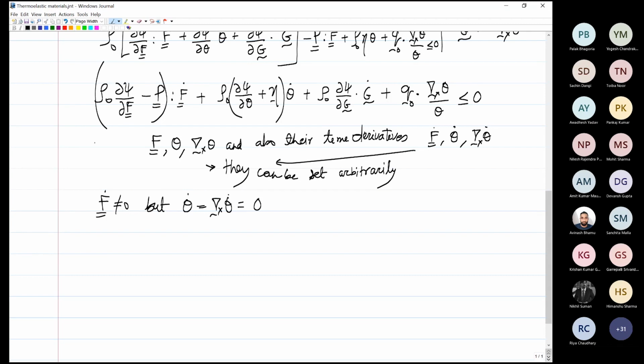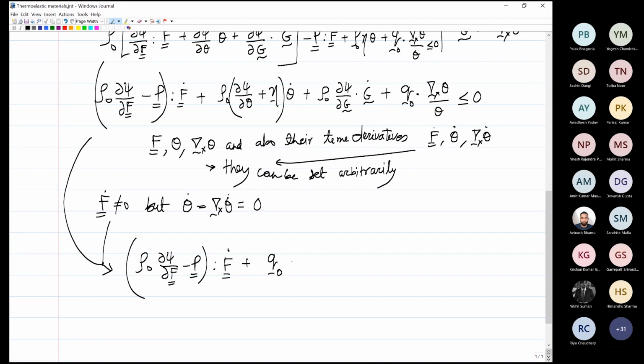In that case, the above inequality reduces to rho naught del psi over del F minus P double contraction F dot plus Q naught dot grad x theta divided by theta less than or equal to 0, right? What do you think? What else can you think of? Now, even in this inequality, F dot is arbitrary. You can choose F dot whatever you want.